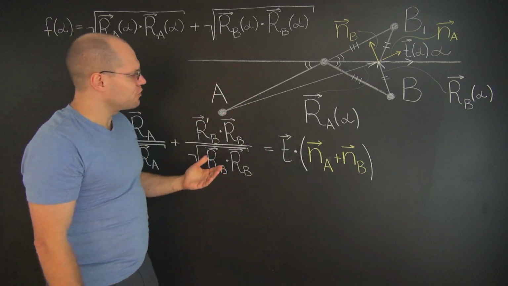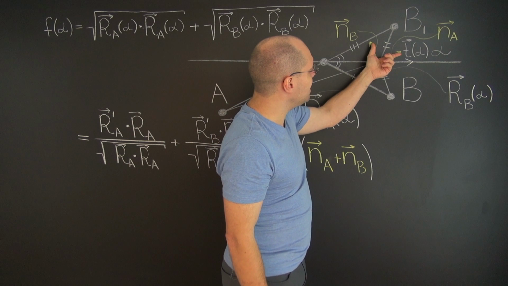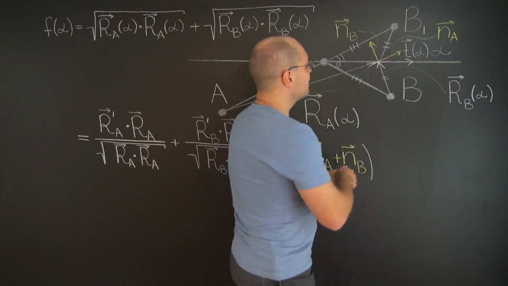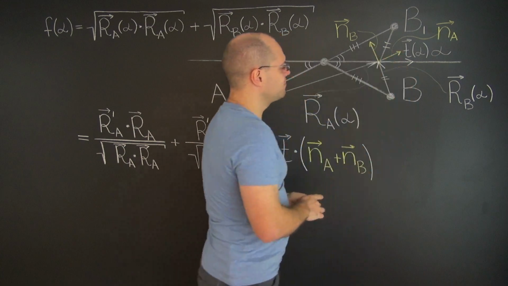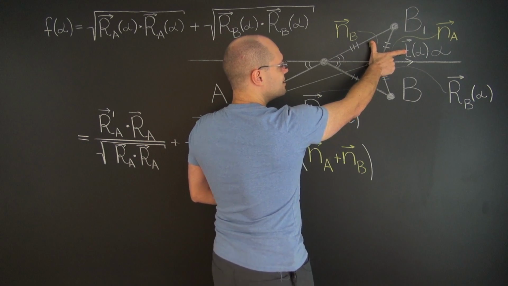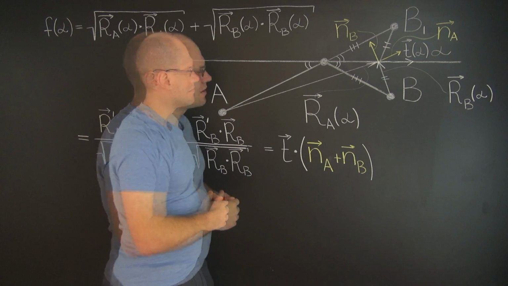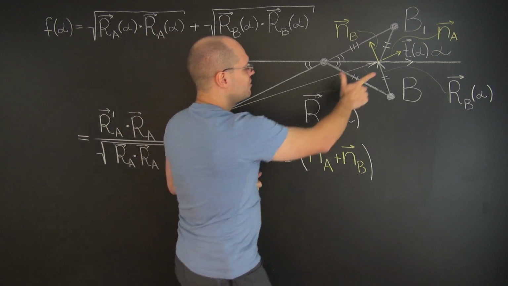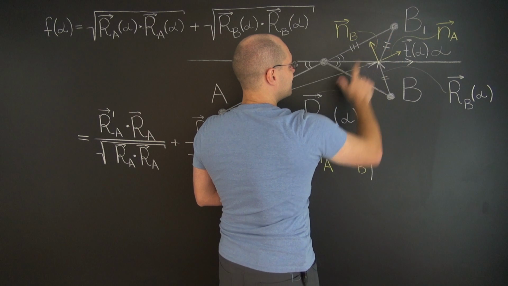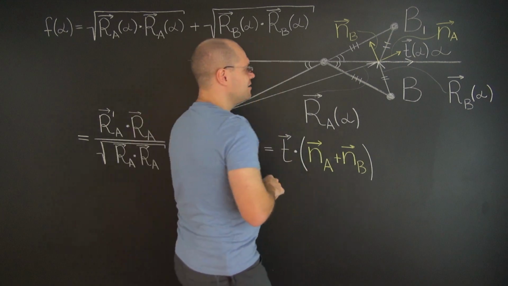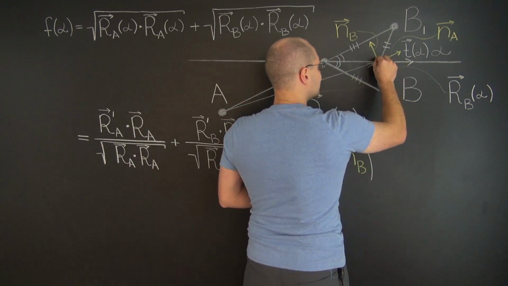And we observe, of course, that the only way that the sum of these 2 vectors can be orthogonal to this line is if these vectors form the same angle with this line. It will only happen when they're arranged like this. In other words, when this angle equals this angle.